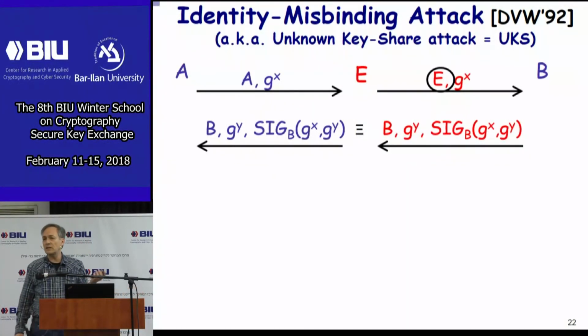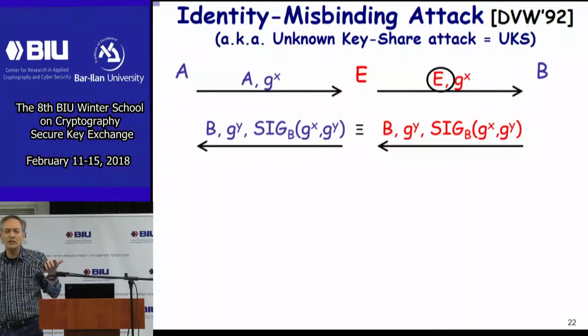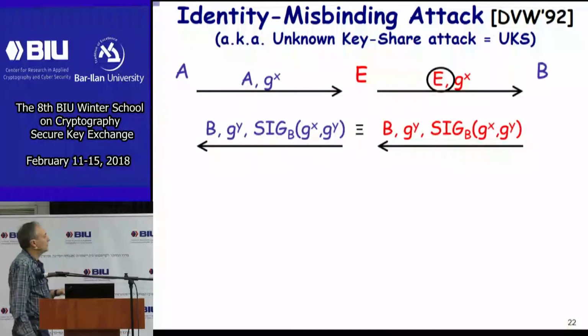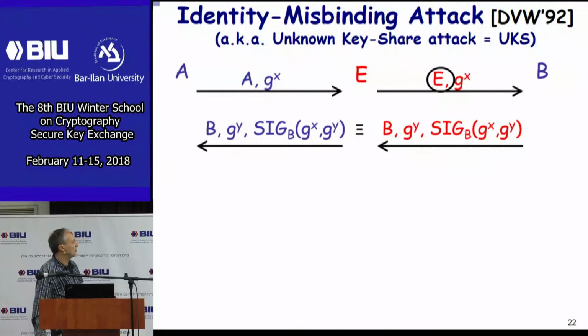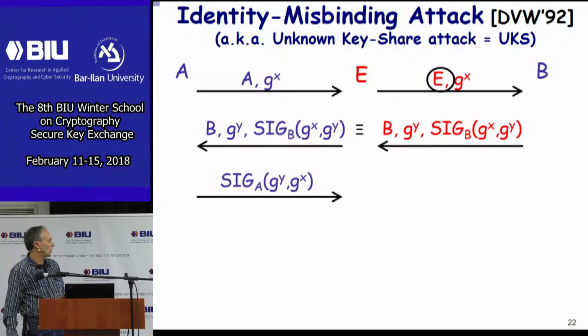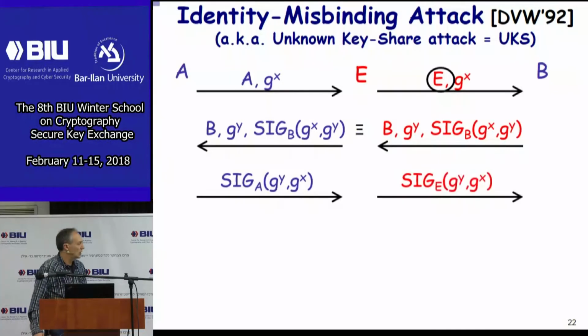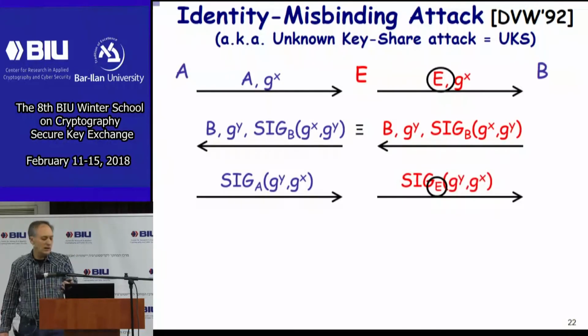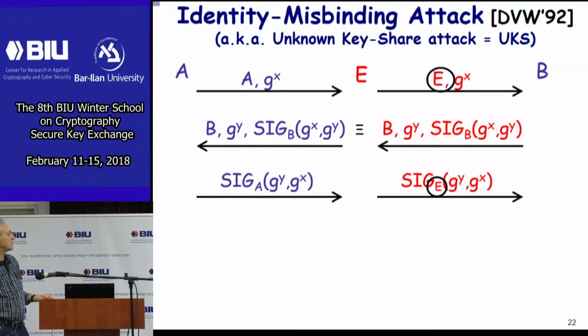Bob thinks that he's communicating with Eve. Actually, he is communicating with Eve. Now, Eve sends this message unchanged directly to Alice. Now it's Alice's turn to send the last message, which is a signature on G to the Y, G to the X. Eve takes G to the Y, G to the X, and signs them herself.